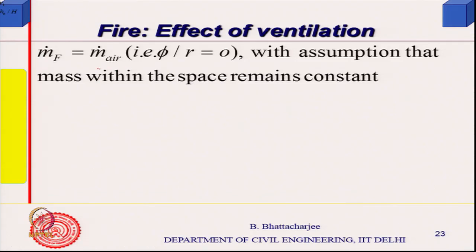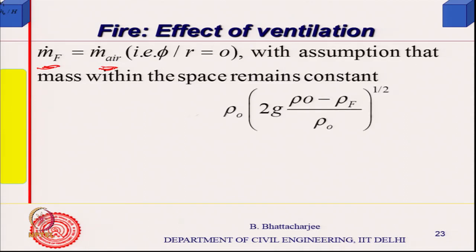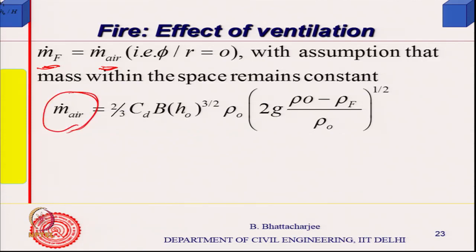Now, if we assume m dot, mf dot, the rate of material coming in, is equal to the rate of hot air going out, which is equal to the rate of fresh air coming in, because mass within the space remains constant, then I can calculate out m dot air.